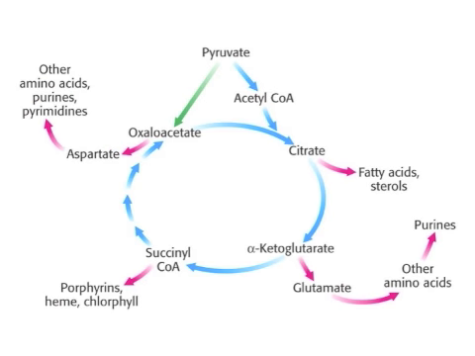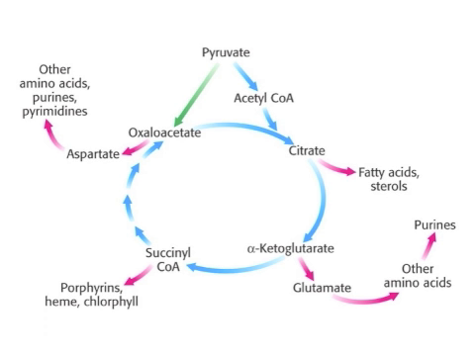Many of these products that are made in the TCA cycle are used for other things. Citrate is used to make fatty acids and also sterols, such as cholesterol and the steroid hormones. Alpha-ketoglutarate is used to make glutamate, other amino acids, and also purine nucleotides.